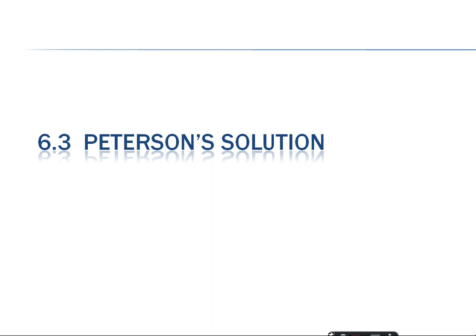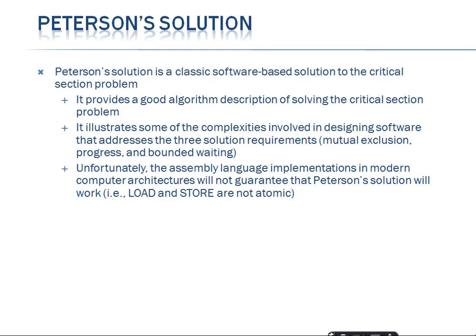Next point to be discussed is Peterson's solution. It is a classic software-based solution to the critical section problem. Just now we have discussed the critical section problem. So Peterson's solution is a classic software-based solution for the critical section problem.